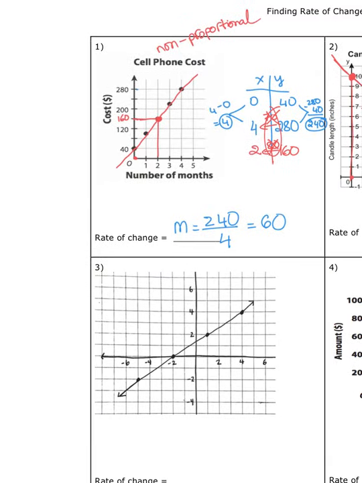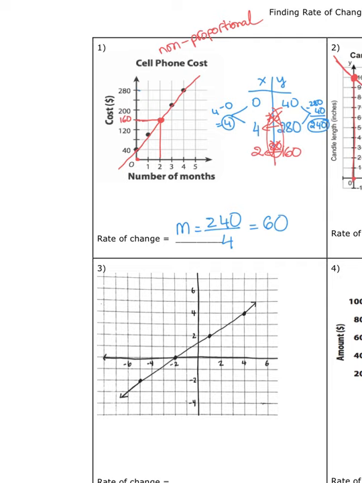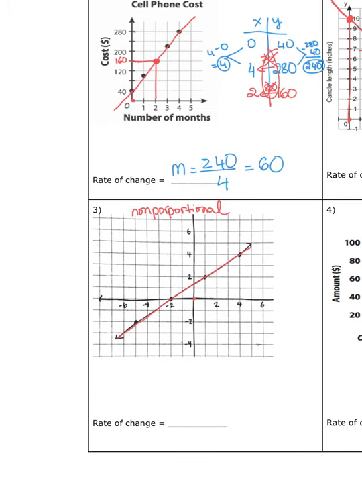Number 3, again, this linear line does not cross the origin, so this is non-proportional as well. So when it is not proportional, you have to do change in y over change in x.